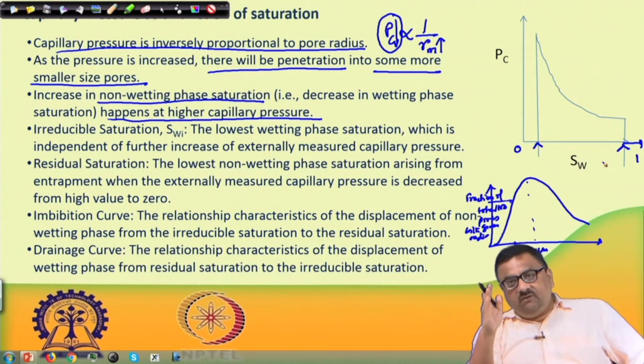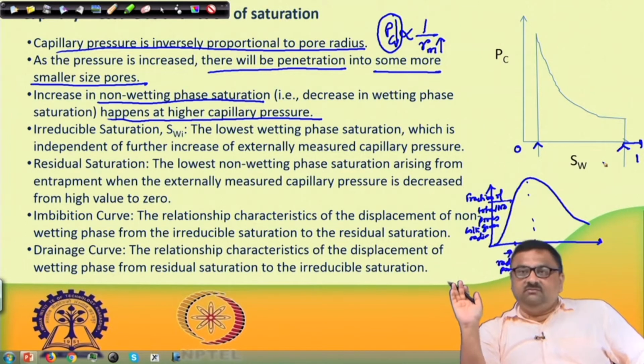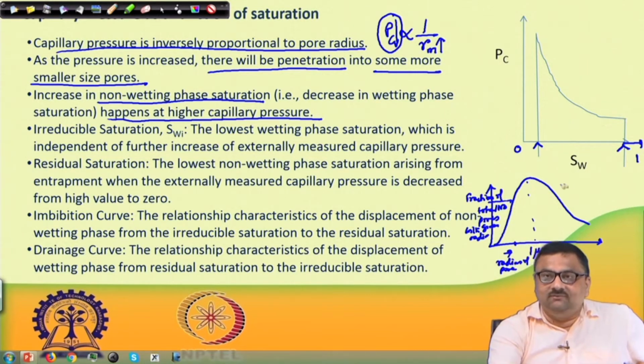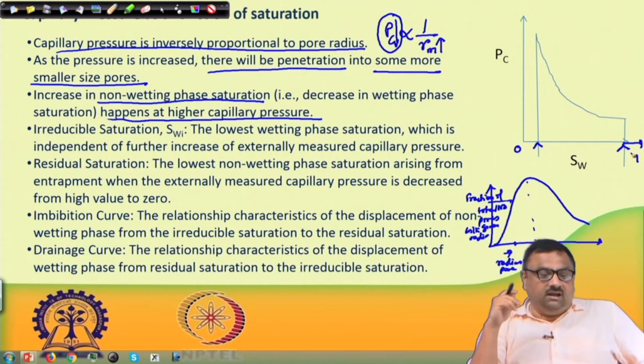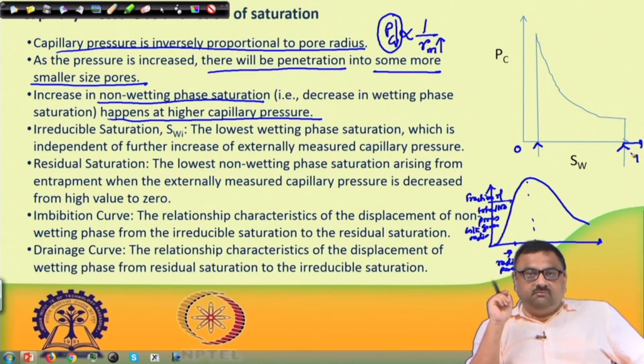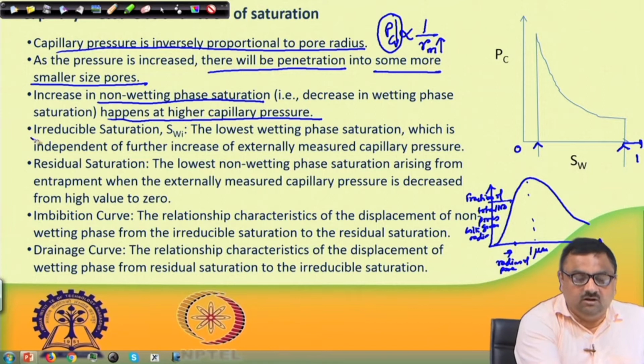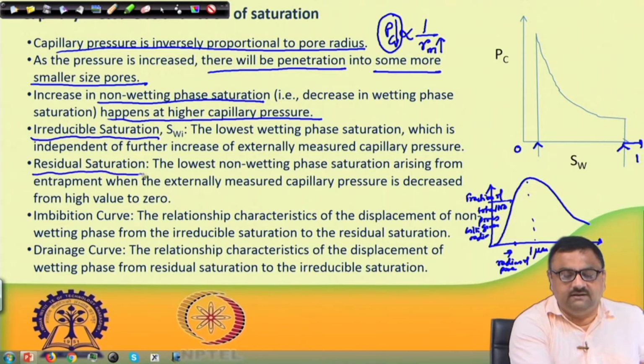The sum of S wetting plus S non-wetting has to be equal to 1. So, now we are plotting with S wetting; the minimum can be 0 theoretically and the maximum can be 1 theoretically. But there is one small issue, which is the definition of something called irreducible saturation and residual saturation.